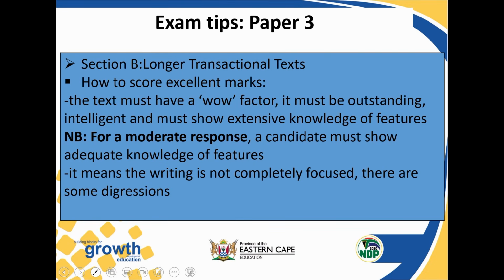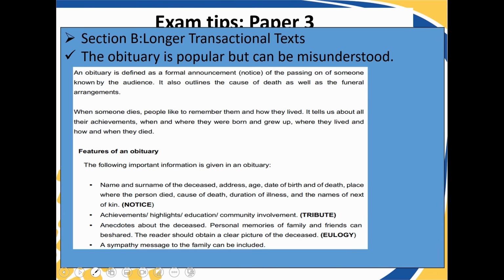A moderate response will show just adequate knowledge about the features of the text, particularly in section B. It means the writing is not completely focused. So if you have studied everything and you know your formats and you know your content, you have read the question, then you will have that wow factor that I have referred to.